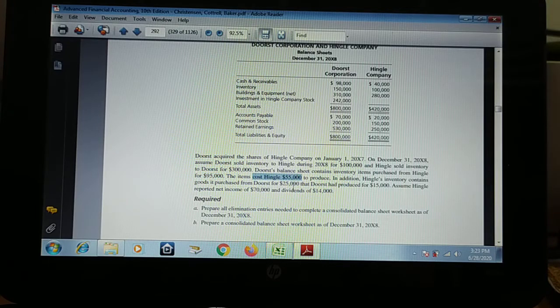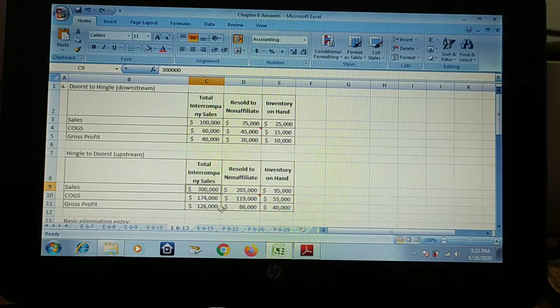Similarly, this data we put in the inventory on hand column. So 95,000 on the sales row and 55,000 on the COGS row. We can get a gross profit of 40,000 simply by 95,000 minus 55,000. Using the gross profit percentage, 40,000 divided by 95,000 times 100%, it will be approximately 42.11%.